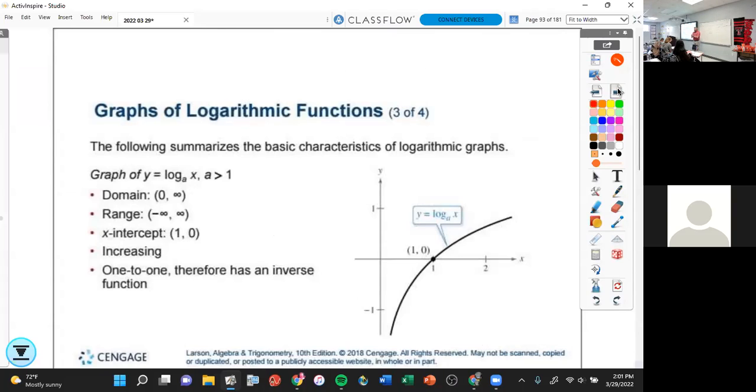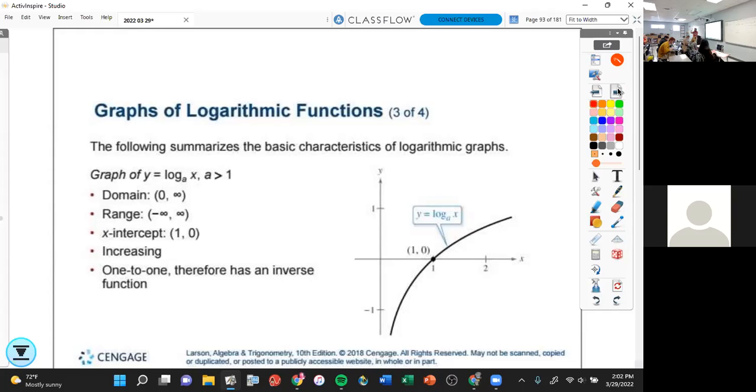Remember that this is the inverse of what we did yesterday. What was the domain of an exponential? If you're graphing an exponential, what can x be? Anything, right? So on exponentials, the domain was -infinity to +infinity.